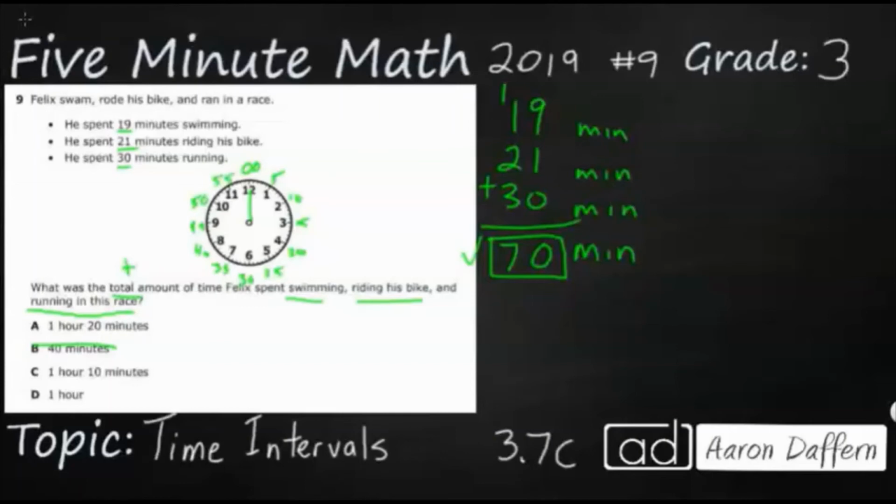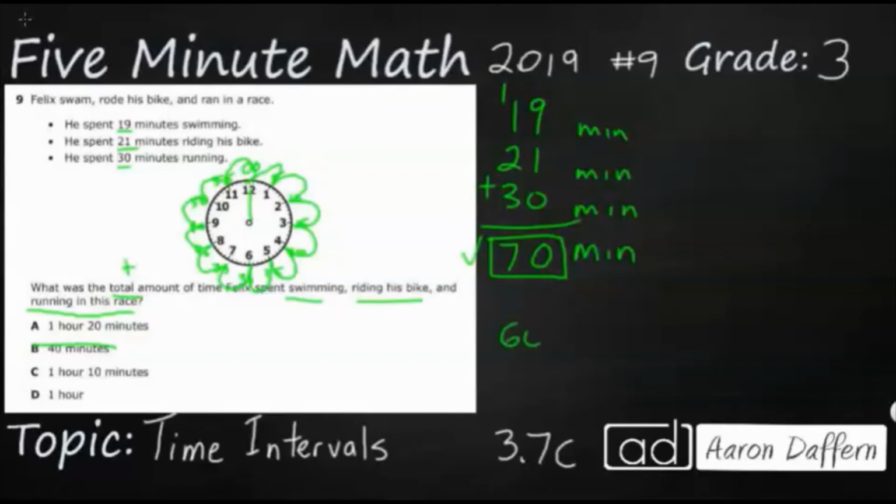So if I'm going to start at o'clock and I want to go to 70 minutes, let's see what I have here. So I've got 5, 10, 15, 20, 25, 30, 35, 40, 45, 50, 55, 60. I'm going to stop right there. 60 minutes.